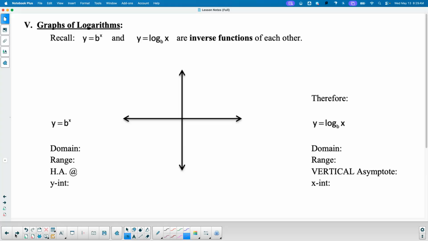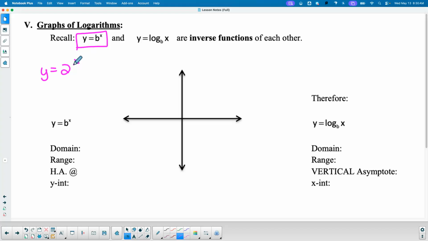So let's talk graphs of our logarithmic functions. First off, I'm going to graph what we already know, which we've already graphed, an exponential function. Let's just throw one out there so we can assign numbers to it: y equals 2 to the x power. What is my y-intercept of this function? 1.